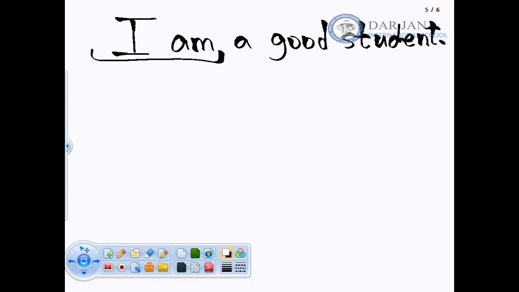I can make a contraction by dropping the a and adding the m to form one word. And I put the apostrophe in the place where the a is missing. I'm a good boy or I'm a good student.